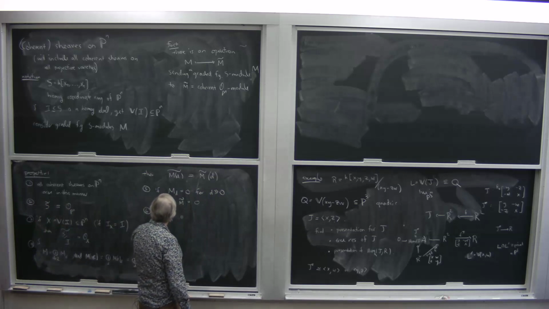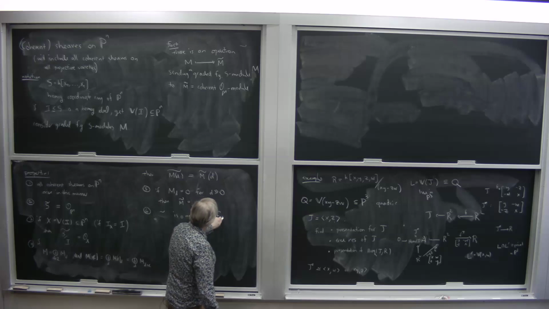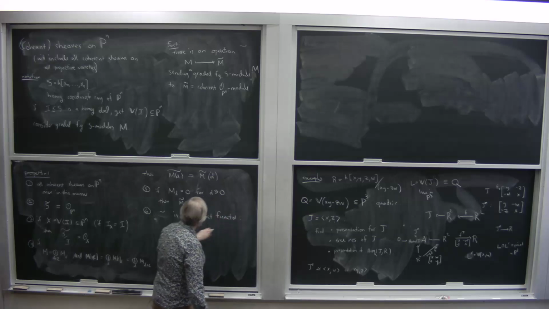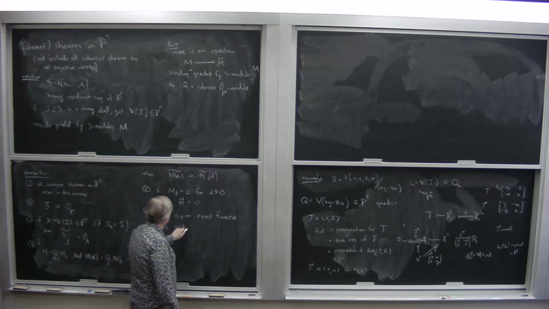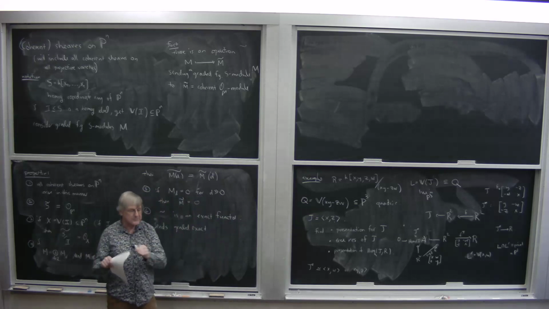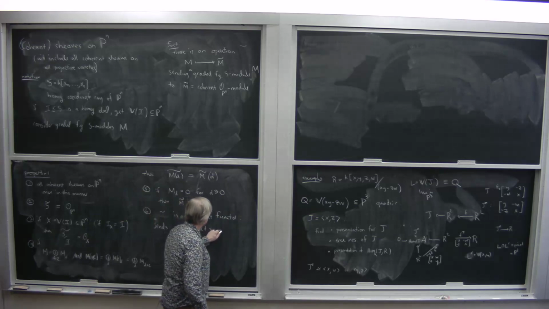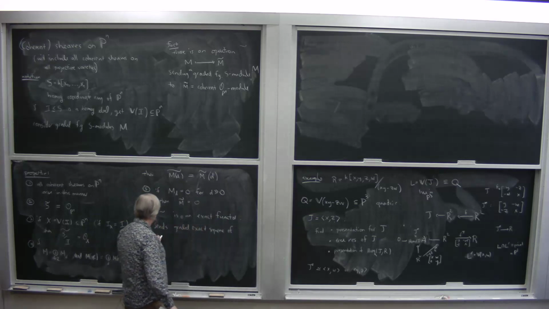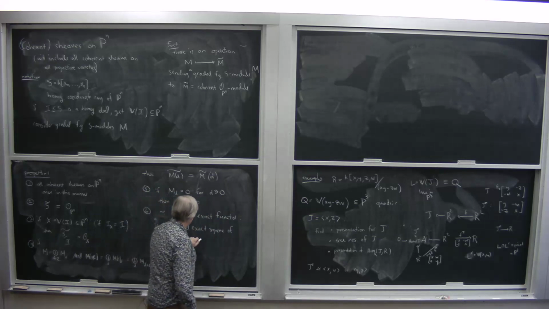The next cool thing is that tilde is an exact functor. It sends a graded exact sequence of modules to an exact sequence of sheaves. Now remember, all the modules have to be graded and all of the maps have to be graded of degree 0.